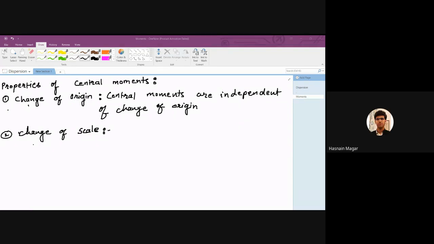That is how much the scale has been changed, the scaling coefficient. Yes, it is actually right. So central moments depend upon the change of scale.